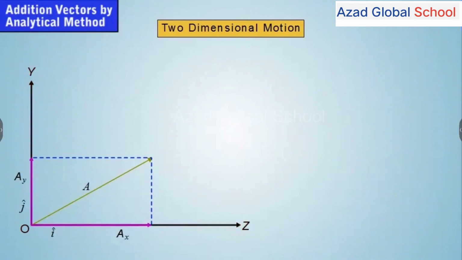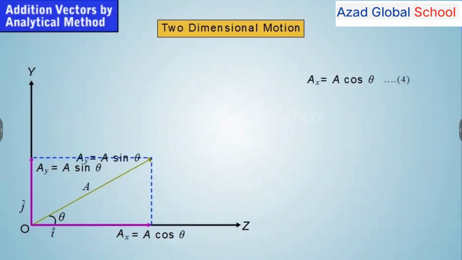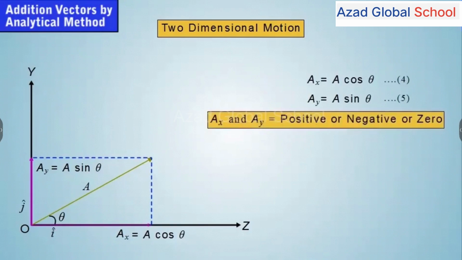So, A makes an angle theta with the x-axis. You can write Ax is equal to A cos theta and Ay is equal to A sin theta. Let these expressions be equations 4 and 5 respectively. Ax and Ay can be positive, negative, or 0, depending on the angle theta.